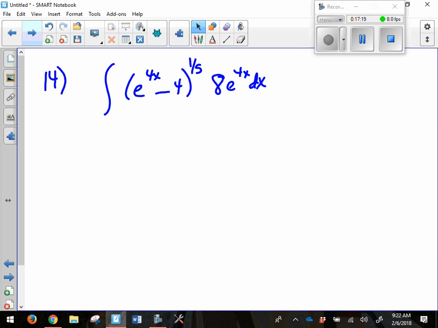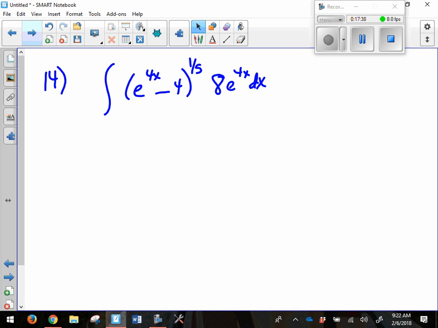So remember that the point of u substitution is to make the integral look easier. It's to make it look simpler. It's to make it be recognizable. Okay?